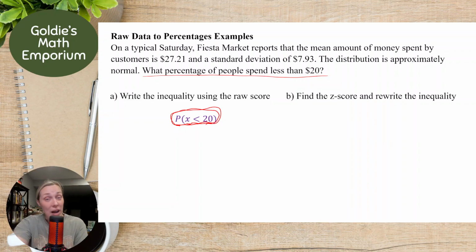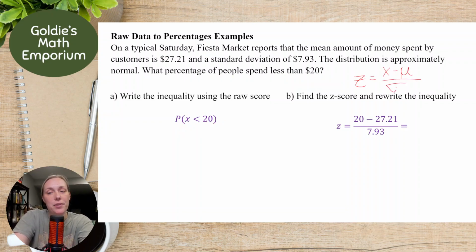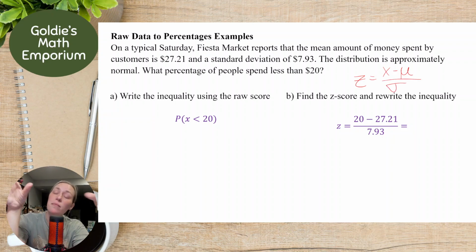What we want to actually find is the z-score. We want to find the z-score because we know that the z-score can help us answer this percentage problem. So let's find the z-score. Remember, z is x minus mu, divided by the standard deviation. So our observation, meaning what we're trying to find, is 20.